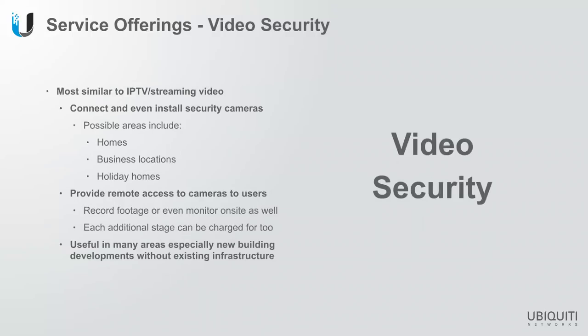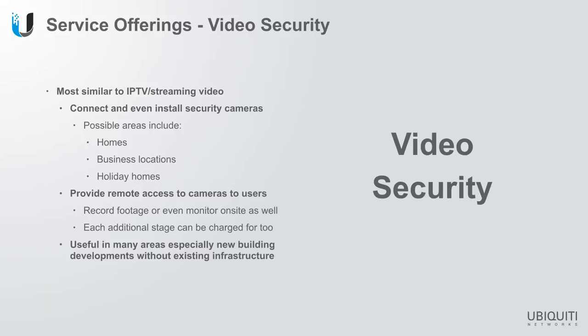So video security is an interesting case. This is basically setting up client radios that connect to security cameras and things like that, whether they're residential places, business locations, holiday homes that may be unoccupied for 10 months out of the year, for example.